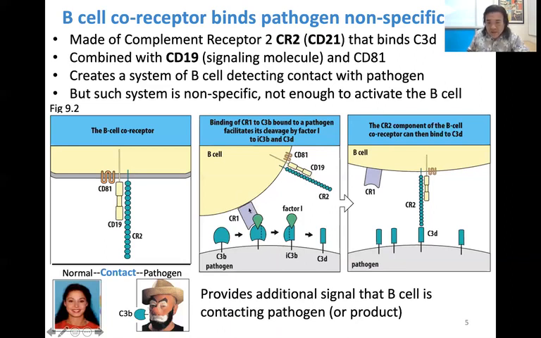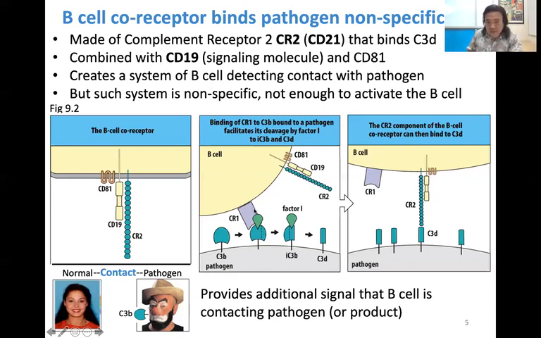So when complement receptor 1 binds to C3b, it encourages this other factor, factor I, which we learned about at the beginning of the semester as an inhibitory protein that actually cuts up the C3b. Normally in our body's cells, we would have factor I preventing our normal healthy body cells from being suddenly opsonized.